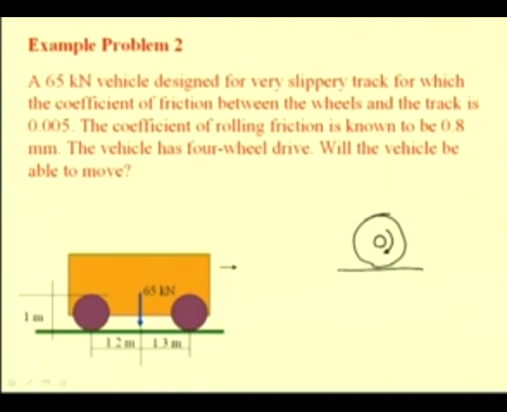So, this will in turn be experienced as a force at this point, and this point will tend to slip in this direction. But to prevent this point from slipping, the friction acts in this direction.